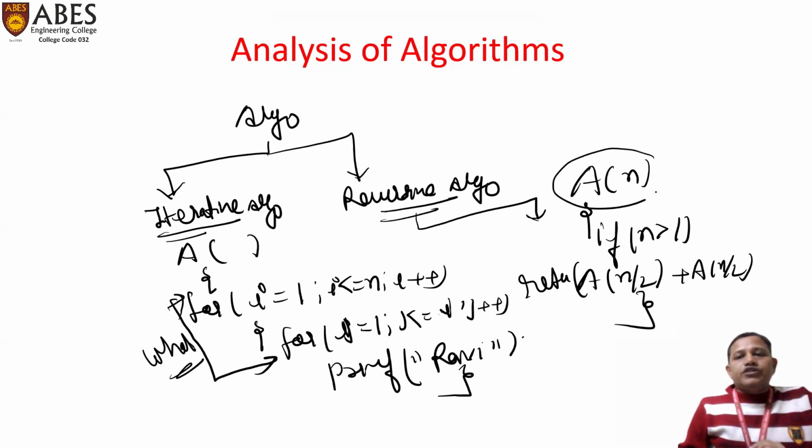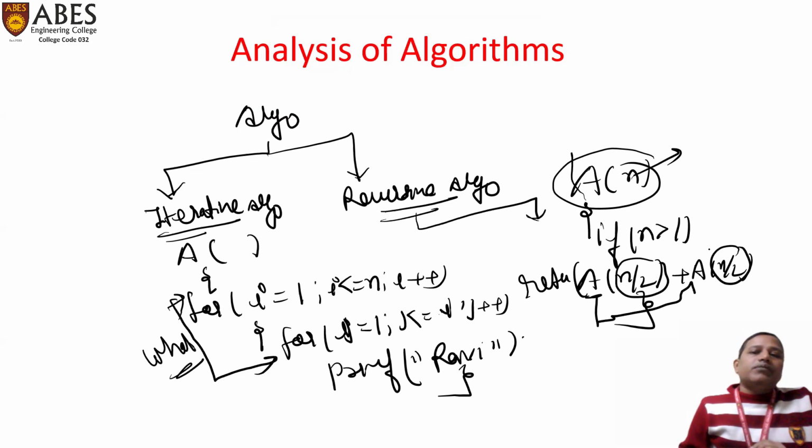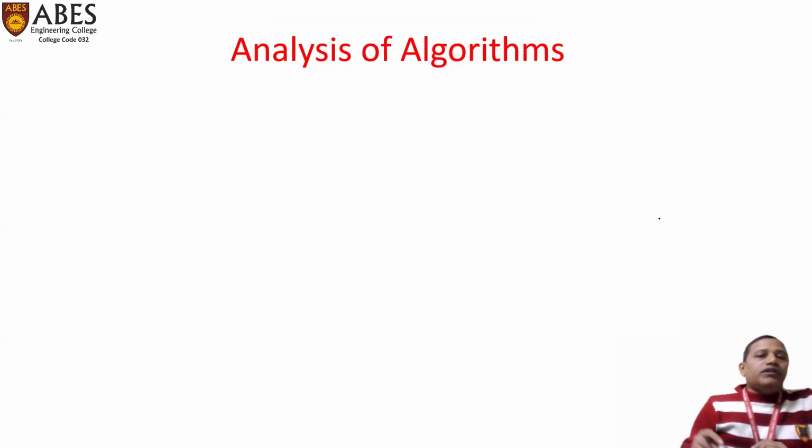Here the function is A and input size is n, then this function calls itself two times, and this time input size is reduced to n by 2. So this is called recursive algorithm and recursive problem. We will solve these problems one by one.